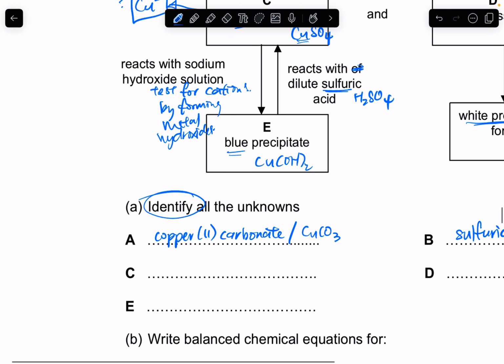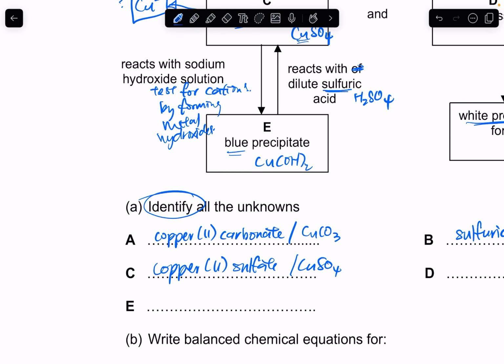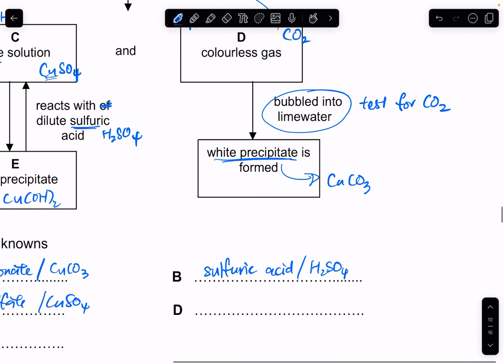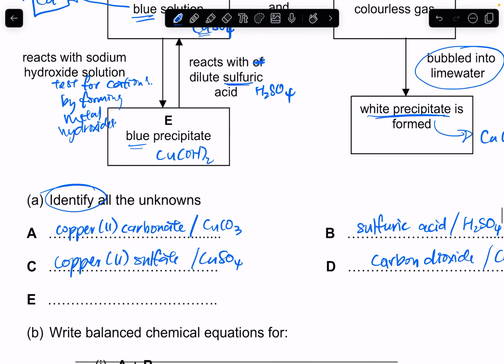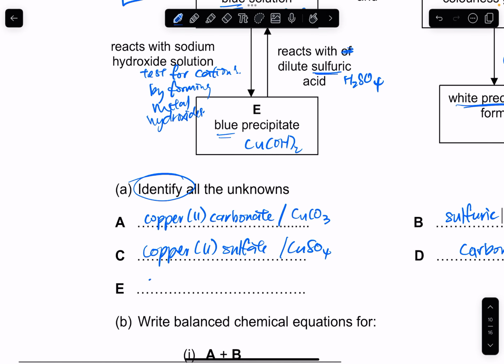C is copper 2 sulfate. D is carbon dioxide. E is copper 2 hydroxide.